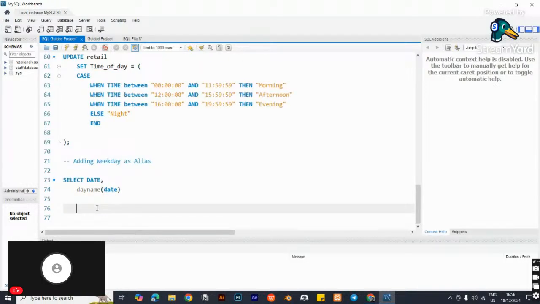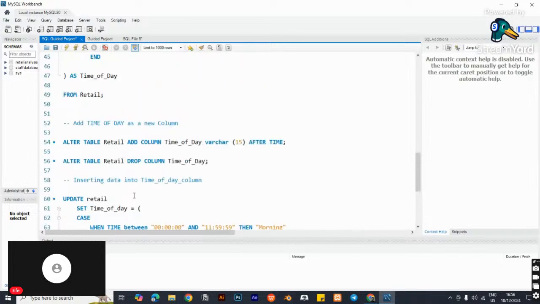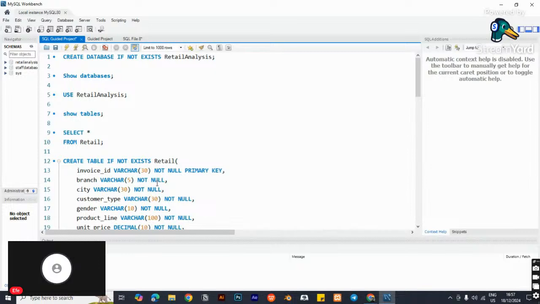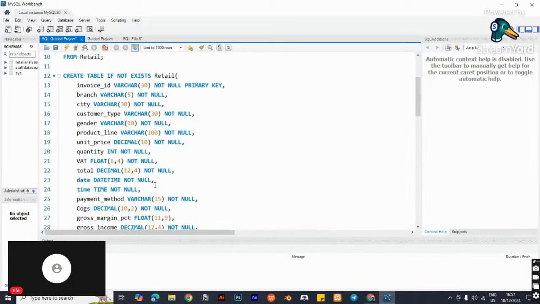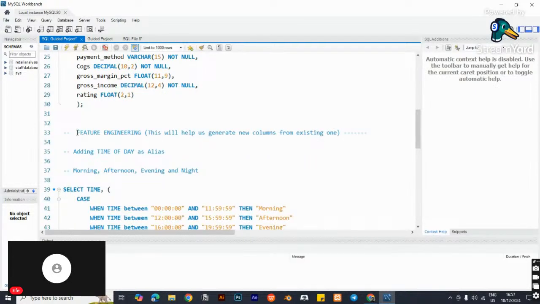We'll continue from where we stopped. Just a recap, or more like a refresher. We started with creating a database on this project, and we created a table using data constraints, and we continued with feature engineering. I said this is a technique in data analysis that helps us generate new columns from existing information within your data set or your table.